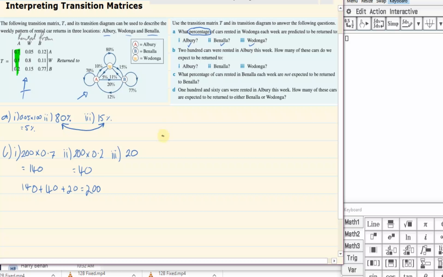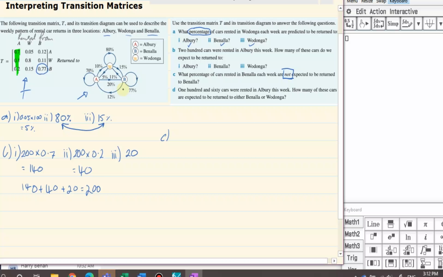Part C. What percentage of cars rented in Benalla each week are not expected to be returned to Benalla? A small change in that we've got: what is not expected to return? If 77% of cars are returned to Benalla, there's a couple of ways we can do this depending on the amount of information you've got.